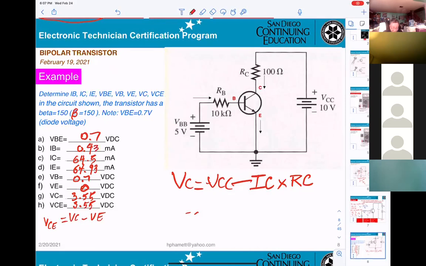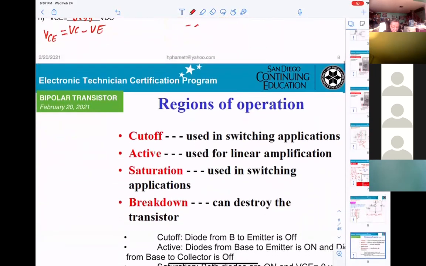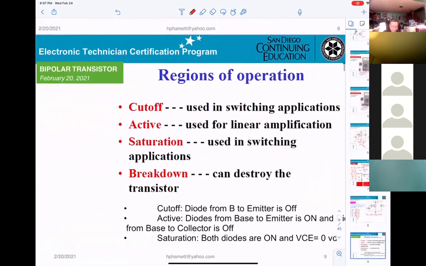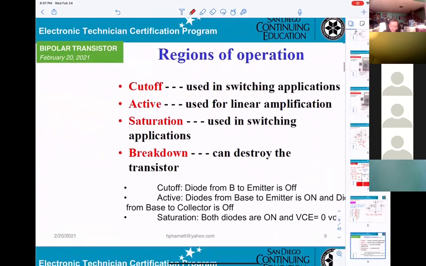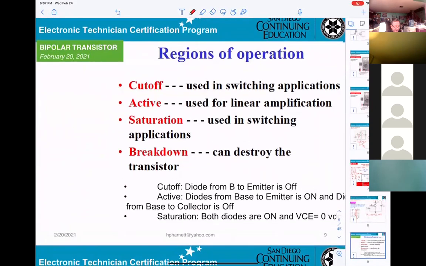Okay, now see what's next. Okay, this one they tell you the operation of the transistor, no matter NPN or PNP.